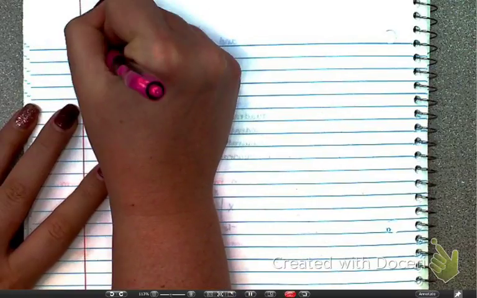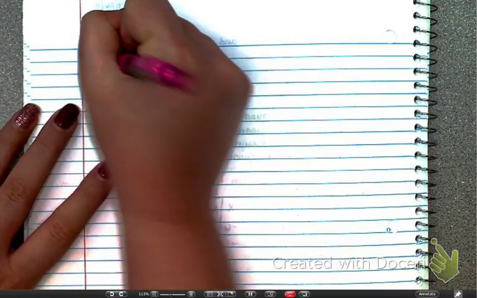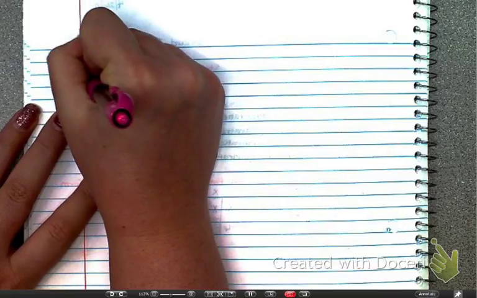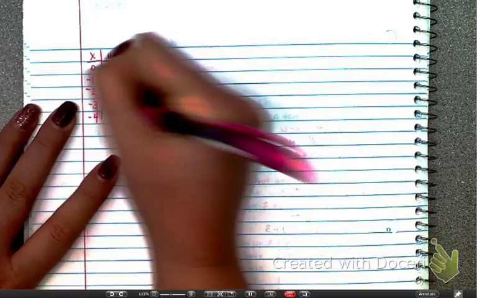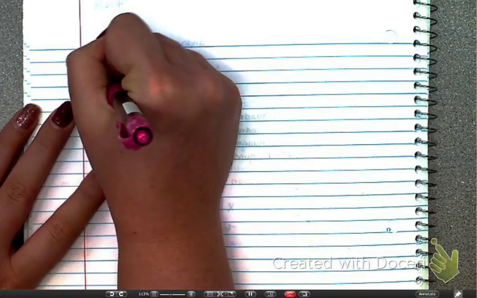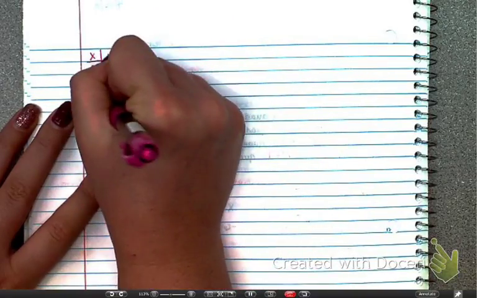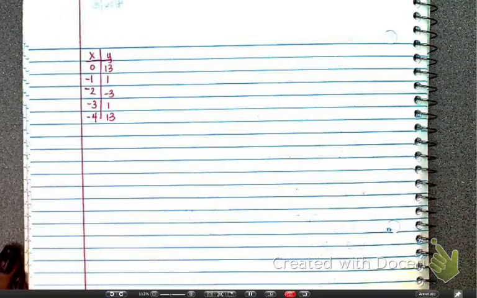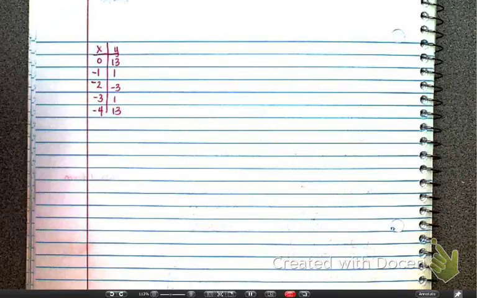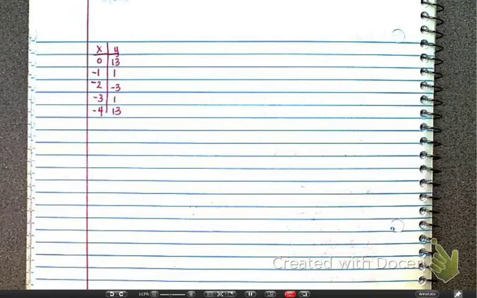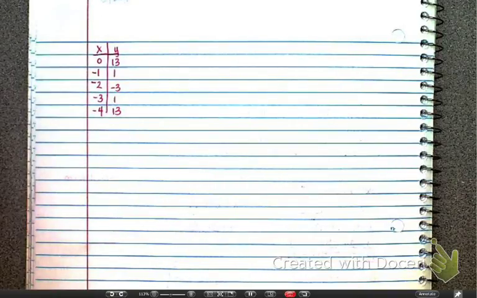All right, let's look at, so we're doing the same thing, but let's look at this table. So here's our new table.